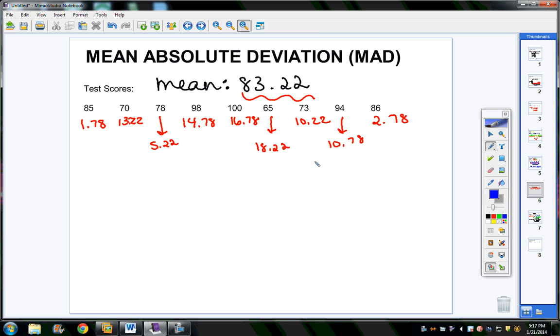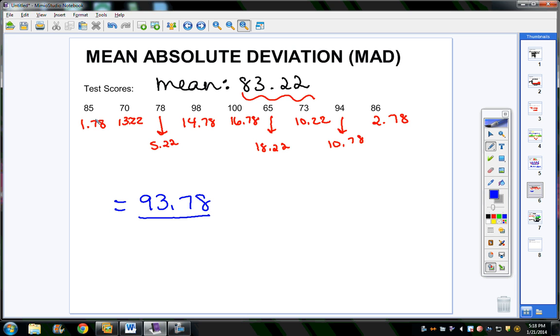Now we're going to add all these up. So 1.78 plus 13.22 plus 5.22 plus 14.78 plus 16.78 plus 18.22 plus 10.22 plus 10.78 plus 2.78 is 93.78.